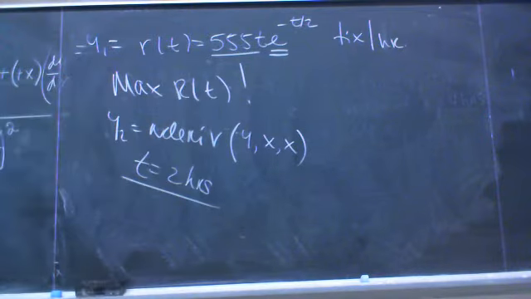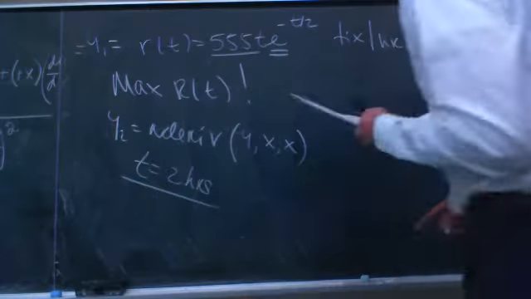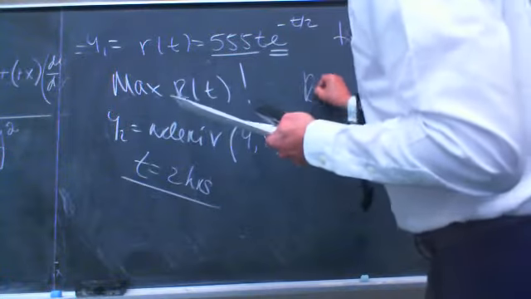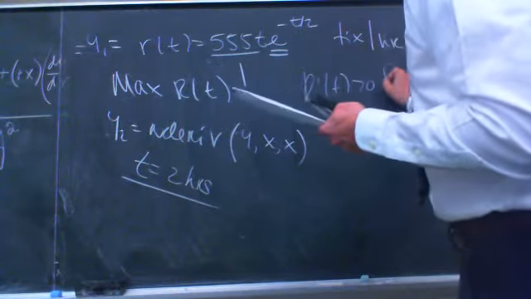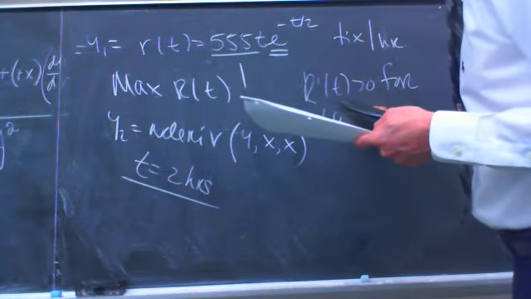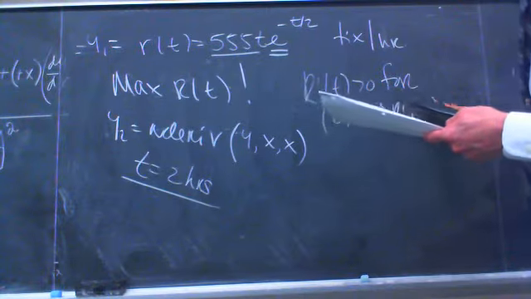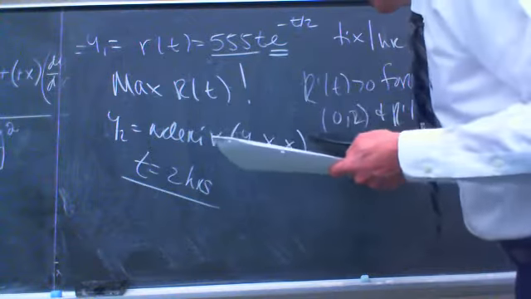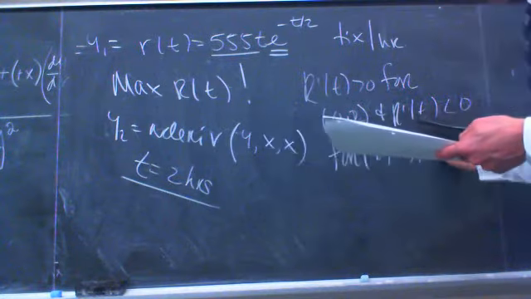So how do we argue this? Justify. There's that infamous question again. The explanation part, justify. So we have one sign change for r prime. So we can say that r prime of t is greater than 0 for 0 to 2, and r prime of t is less than 0 for 2 to 9.